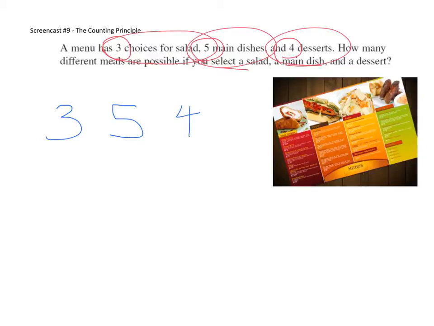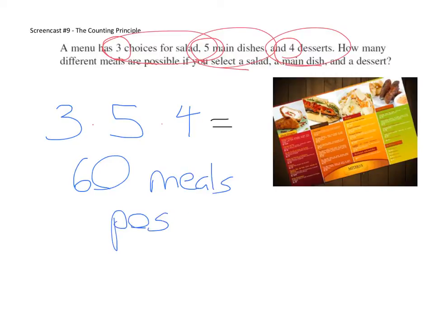In other words, the numbers that are important to me are 3, 5, and 4. If I would like to know how many different meals are possible if I select a salad, a main dish, and a dessert, all I need to do is multiply each of them. 3 times 5 times 4. Of course, if you do the math, is equal to, that's right, 60. So there are 60 meals possible if I have a choice of 3 salads, 5 main dishes, and 4 desserts. That's a good beginning, an introduction once again into the counting principle.